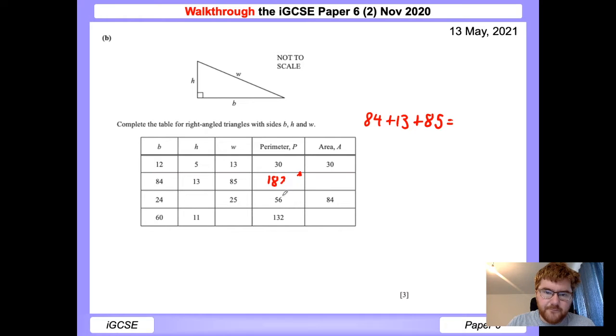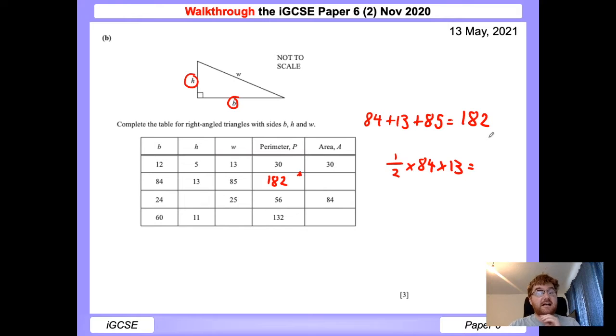like so. And then the area here, well, remember area is half base times height, so these two figures here. So our B and H in this case is 84 and 13, so then we just do a half times 84 times 13. It is worth writing your working as well because you'll pick up communication marks as you go along.